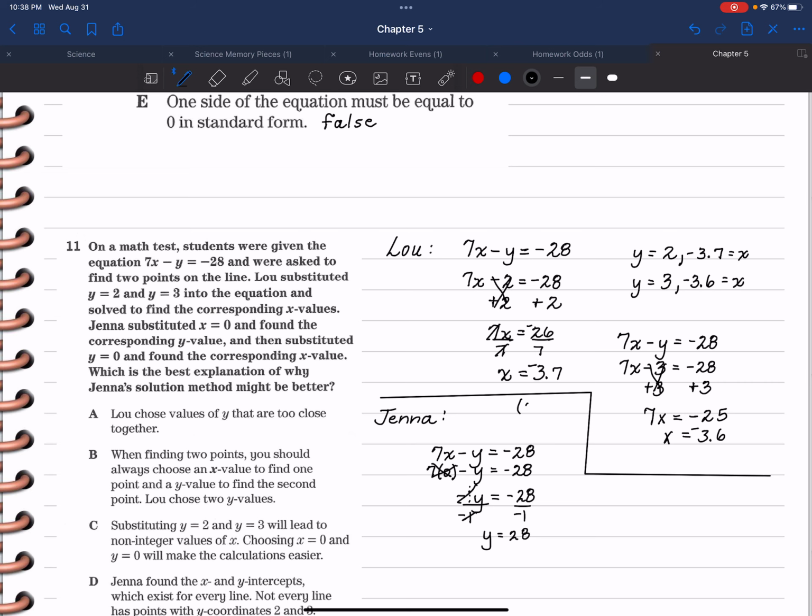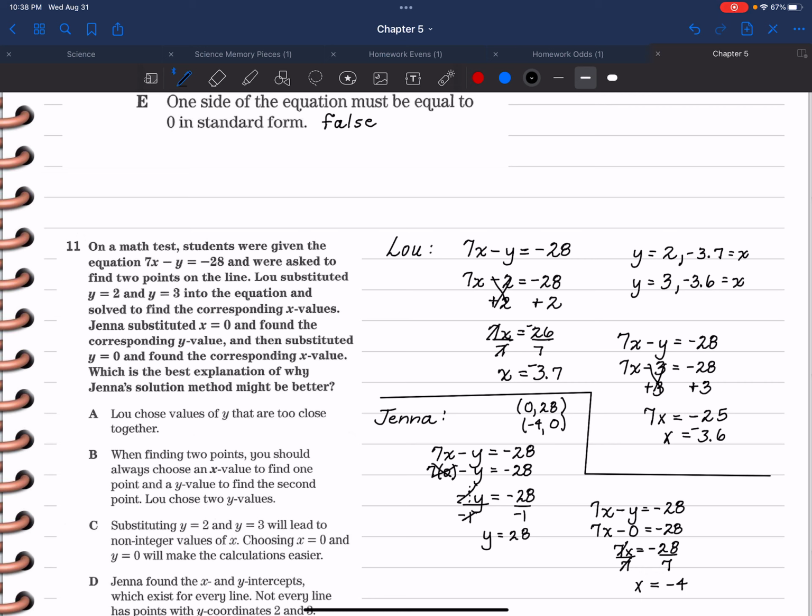So one of Jenna's points is (0, 28). And then she substituted y is 0. So she said 7x minus nothing is negative 28. 7x is negative 28. So 7 is divided out. x is negative 4. So when y is 0, x is negative 4.